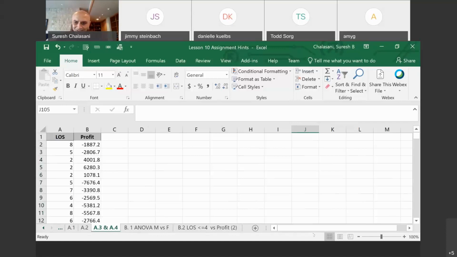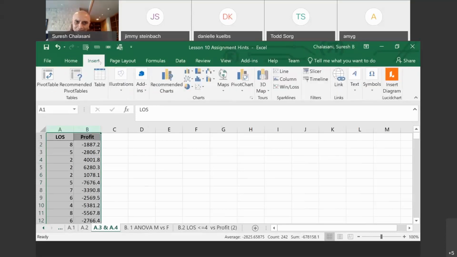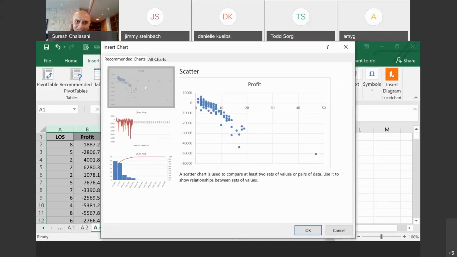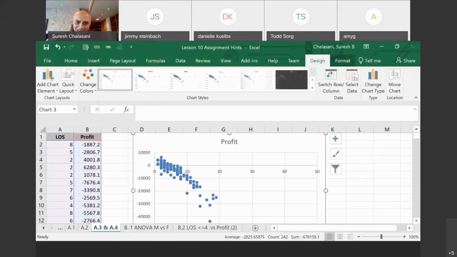Once I have that, I should be able to draw a graph, and I can do that by going to insert and recommended charts, and then profit, and that should give us this type of a graph.